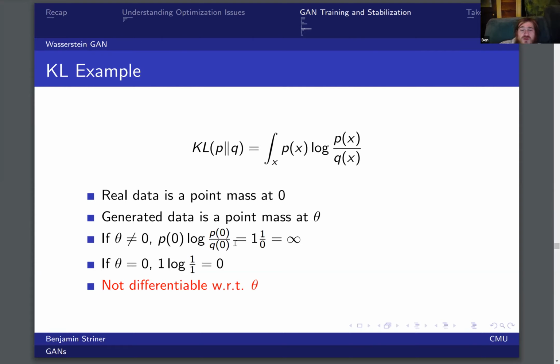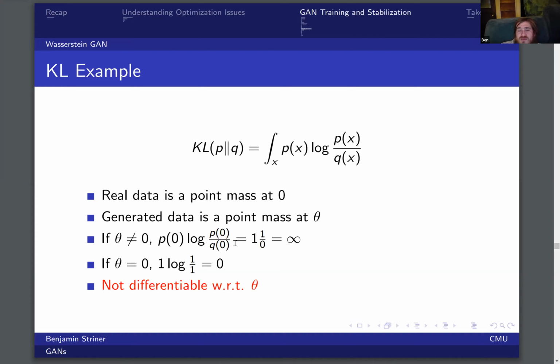Let's say we've got 2 point masses. Your real data is a point mass at 0. Your generated data is a point mass at 1. What would that mean? Well, the KL divergence is infinite. If you've got 2 point masses and those point masses are not directly lined up, then the KL is infinite.